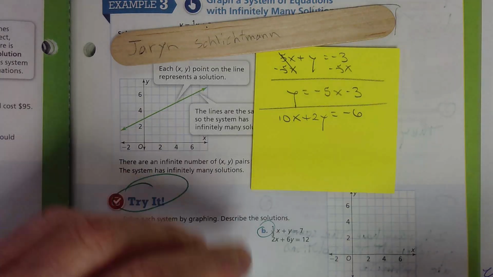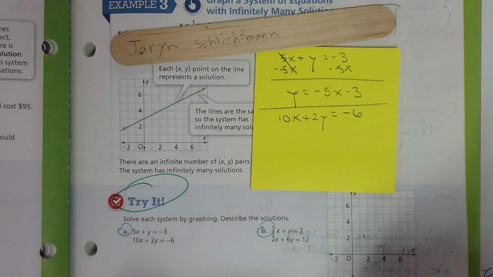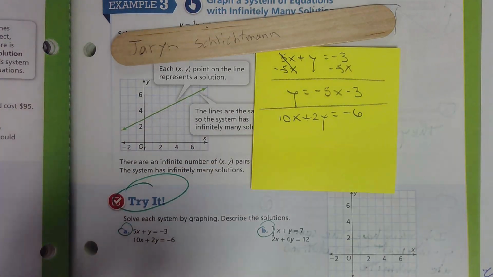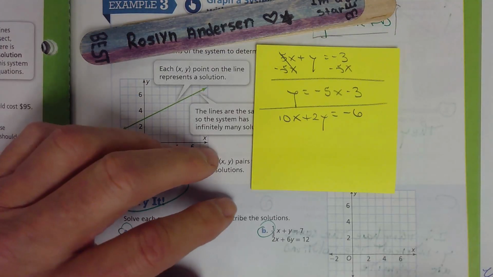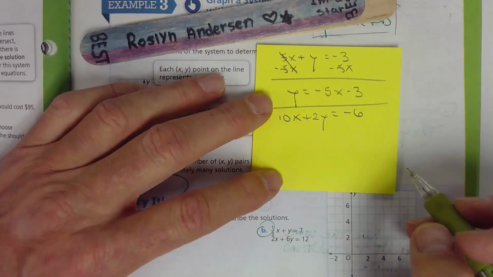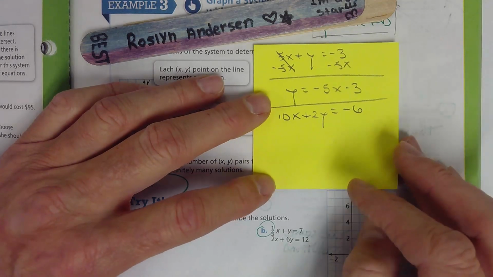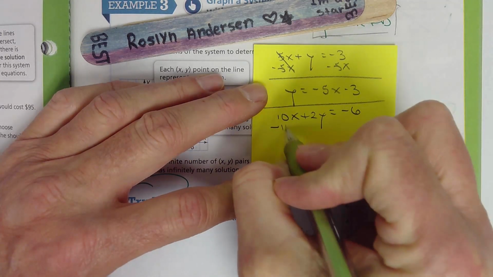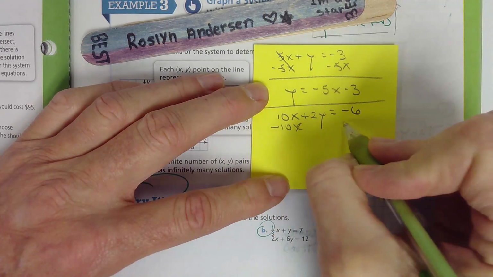Subtract from the y. No, good try. You want to get rid of that 10x. Miss Anderson, what would you do? Oh, okay. You would do 10x minus 10x. You'd subtract 10x on both sides?